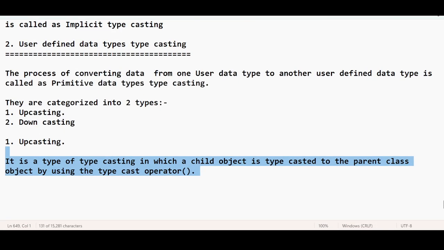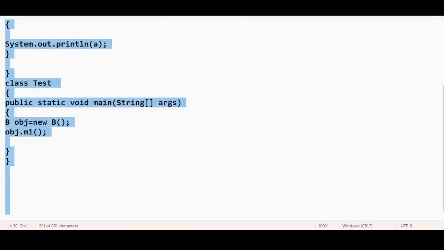For that, let me write the same program. Let me remove all this. We have a class, the name of the class is Mobile. We have another class, iPhone. This Mobile and iPhone class have a relationship: iPhone extends Mobile. So far good.